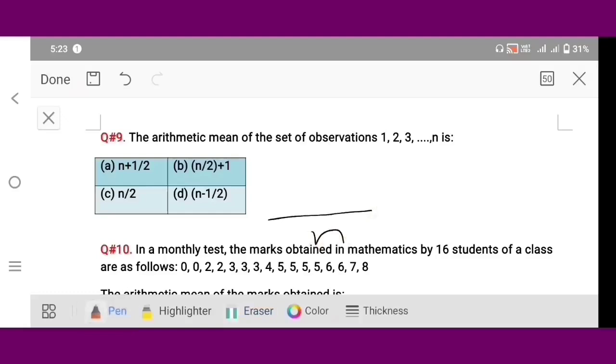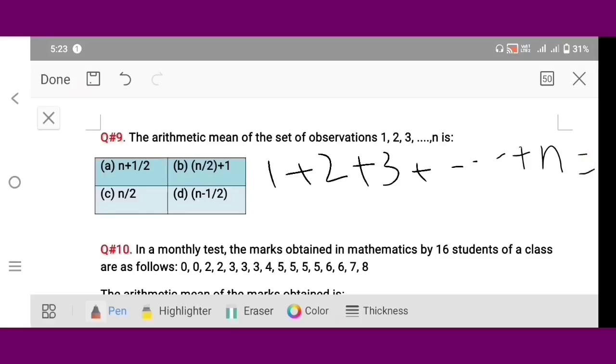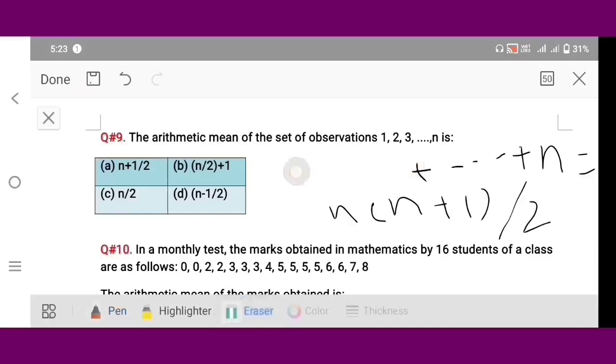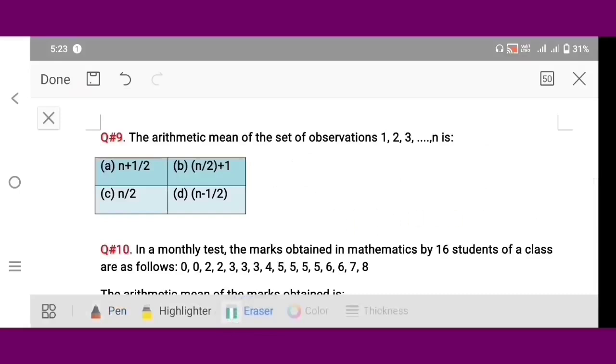For the sum of values, we will do a little bit of calculation, as we know that 1 plus 2 plus 3 plus up to n equals n into n plus 1 divided by 2. So the sum of the values is n into n plus 1 divided by 2.